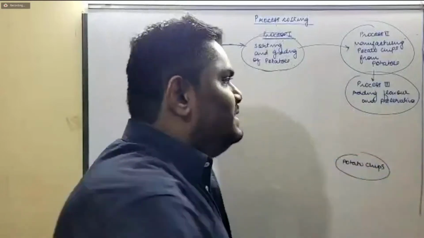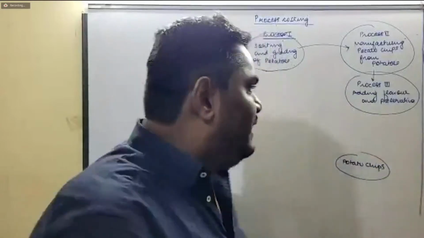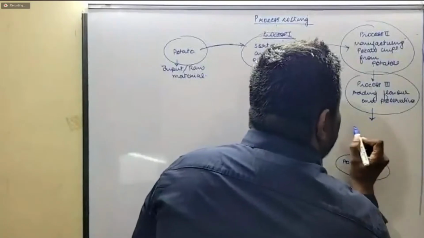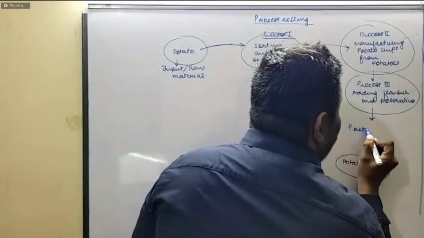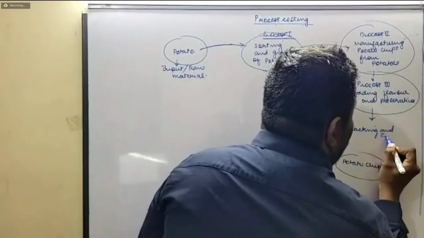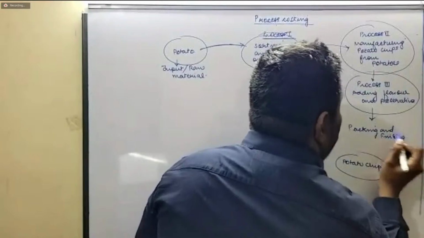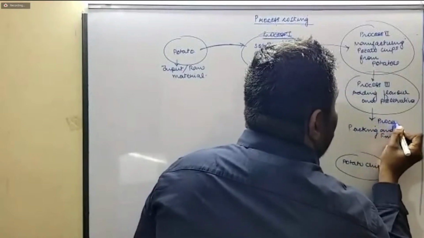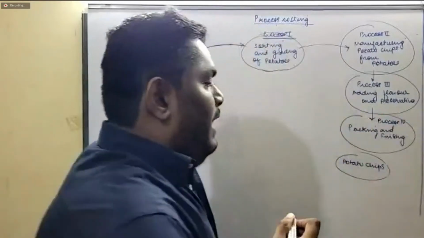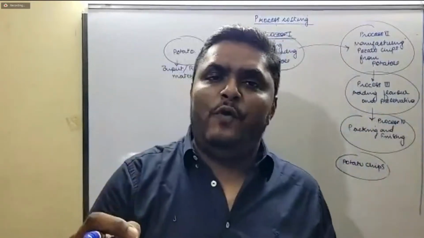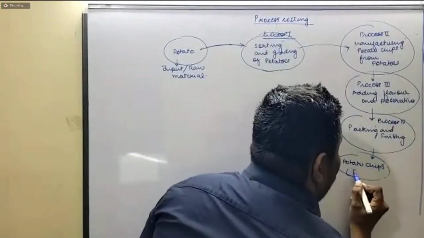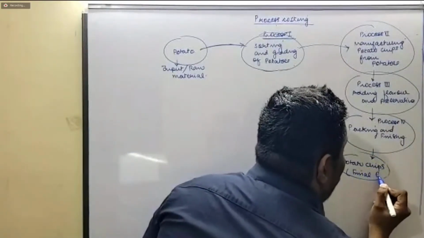And once this process is over, that is, my potato chips are ready, it is transferred to the next process, that is, let's say, the packing and finishing division. This is, let's say, my process number 4. And the output of process 4 is my final product, that is my potato chips. This is my final output.